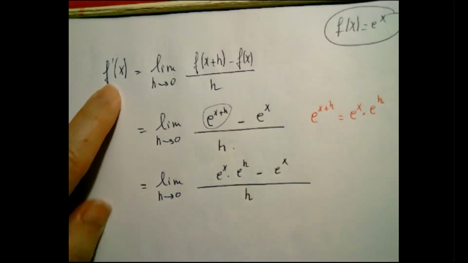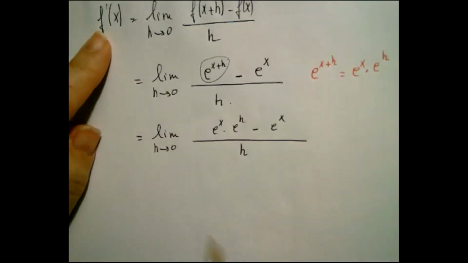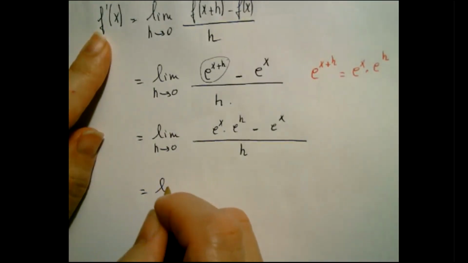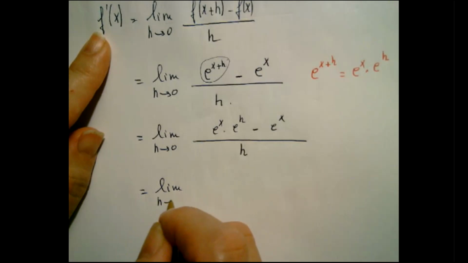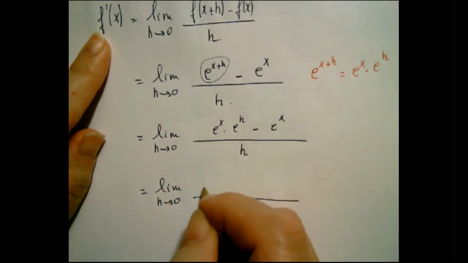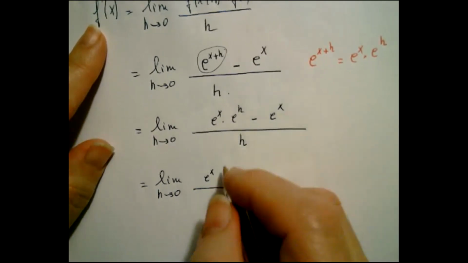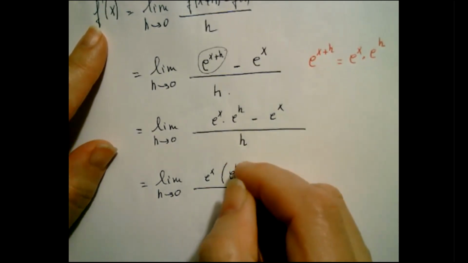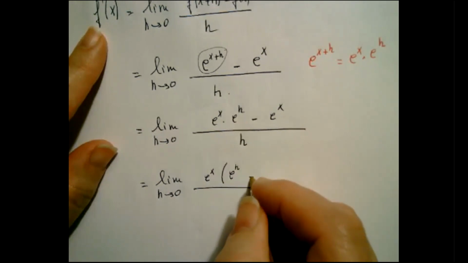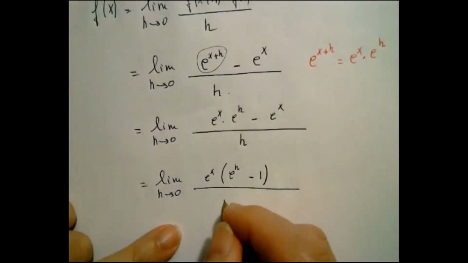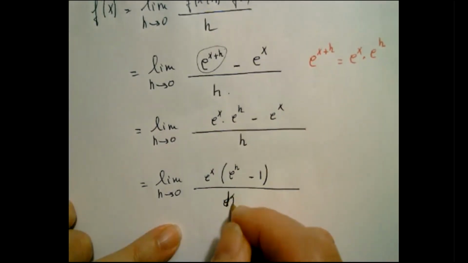My goal is to find the formula for that. So this is going to be equal to the following limit. I can actually pull out the e to the x, and I will be left with e to the h minus 1 over h.